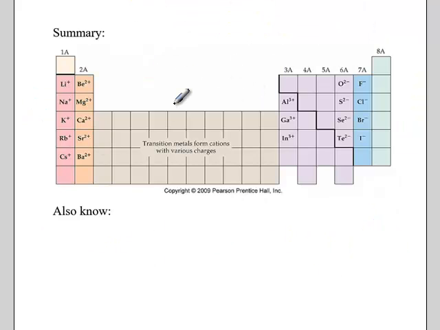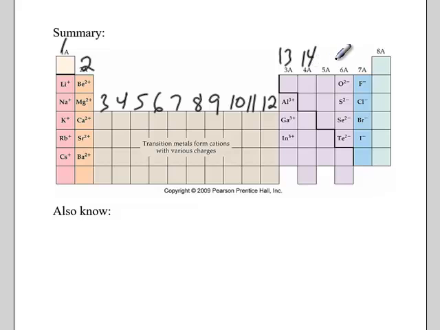So here's a quick little summary of the things we've just been talking about. Remember, this periodic table has the old-fashioned naming system. So if we write in the new numbers, we'll have 1 through 18.